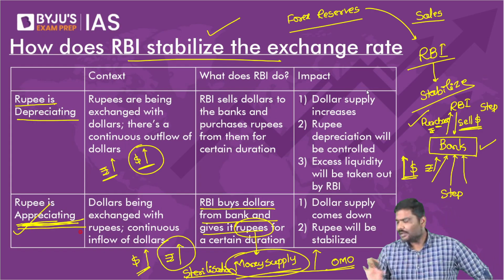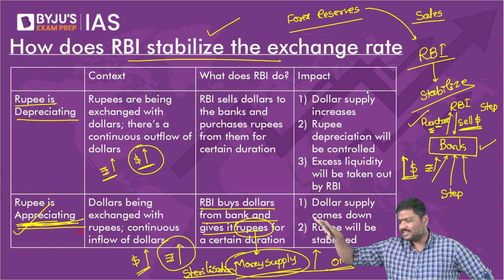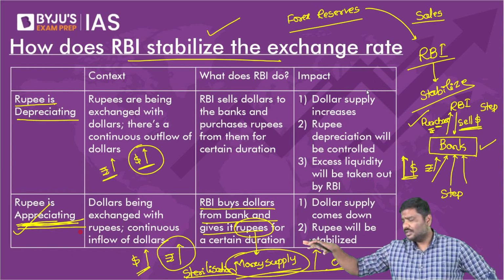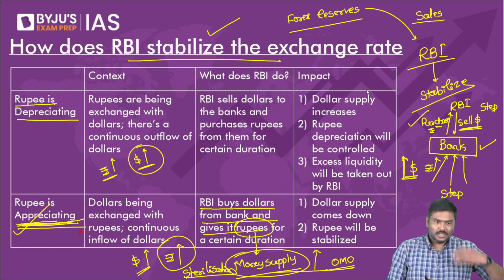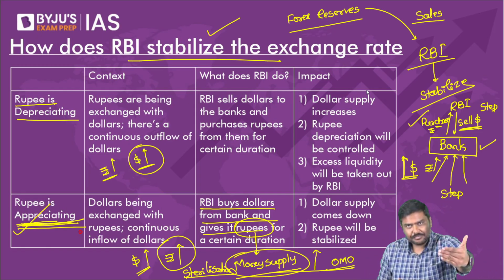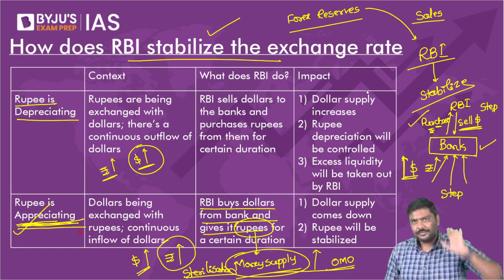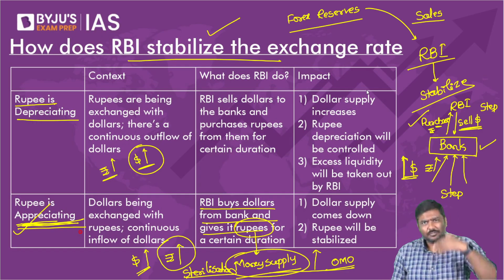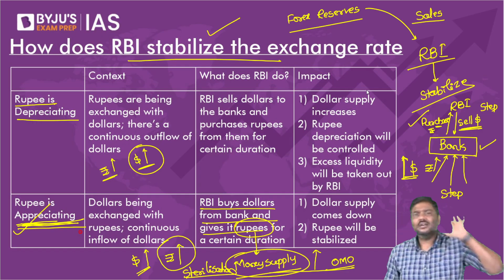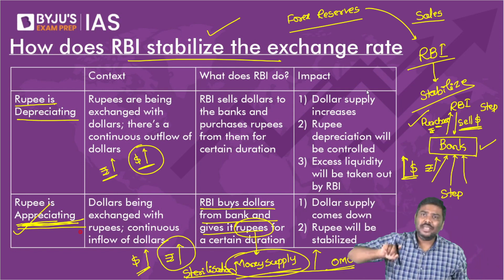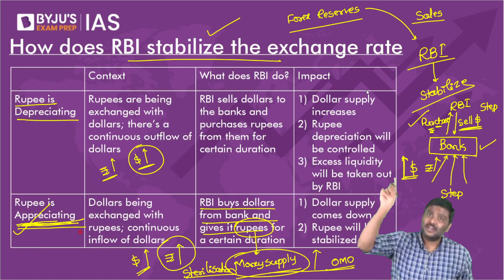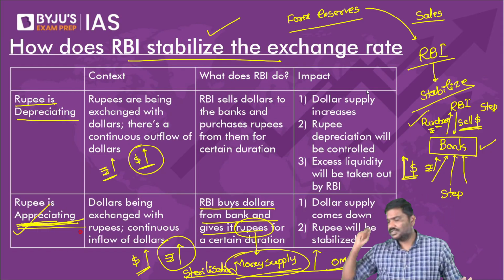Okay. Sterilization again. I'll repeat it again. If rupee is appreciating, what does RBI do? Follow the sequence. If rupee is appreciating, what is the meaning of it? Supply of dollar is very high. Demand for rupee is very high. What does RBI do?